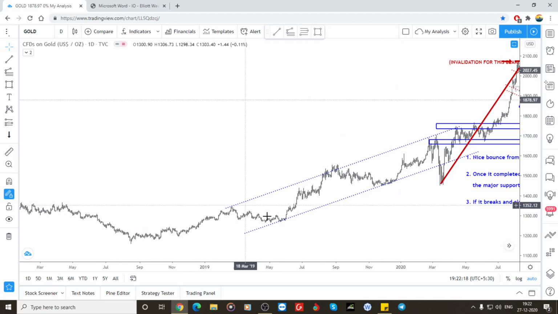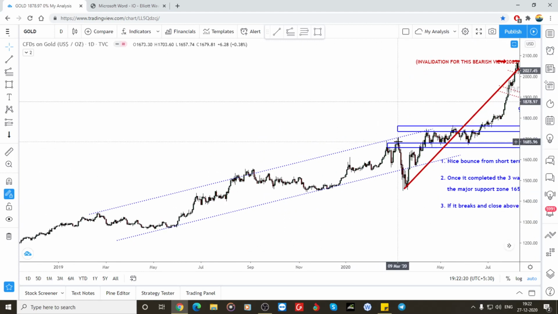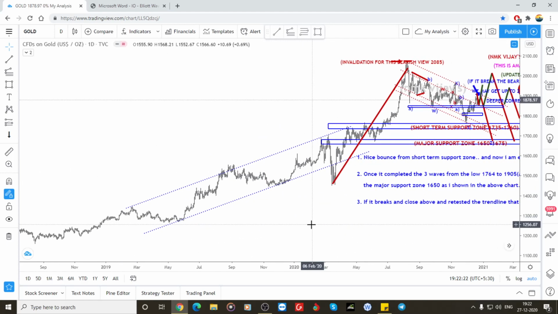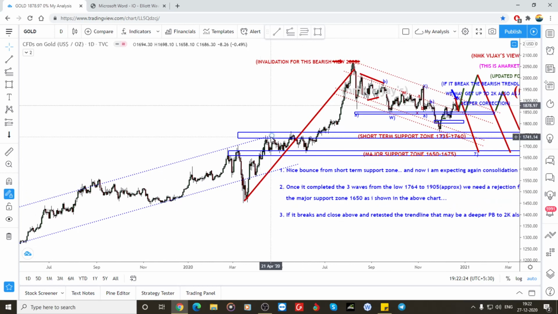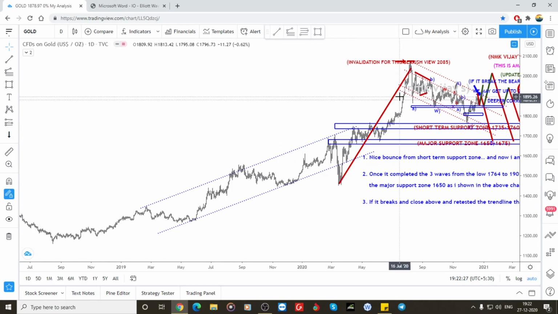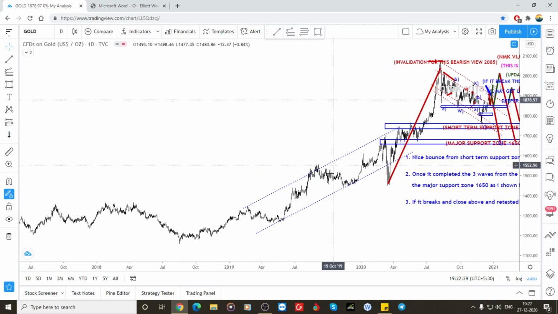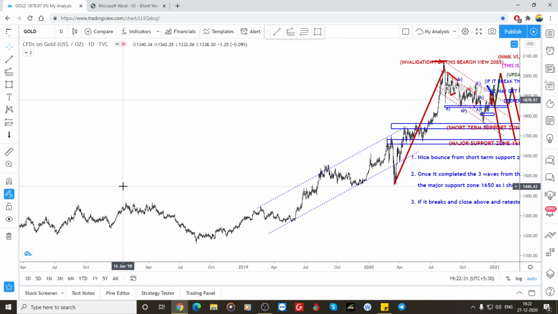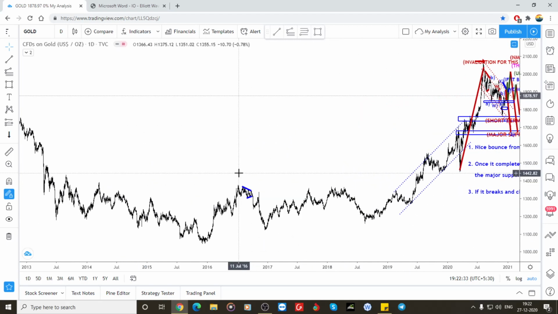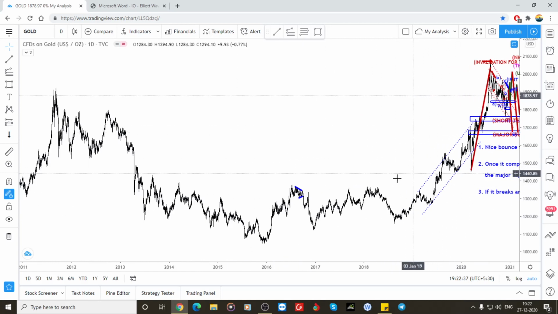So whether this could be 1 2 3 4 and 5, the checking could be a B, and here one more ABC is also completed. So let's see how it moves. But these kinds of channels will help you to mark this as 1 2 3 or ABC corrections or WXY. It will help more.